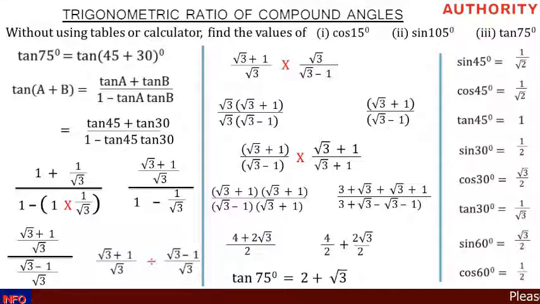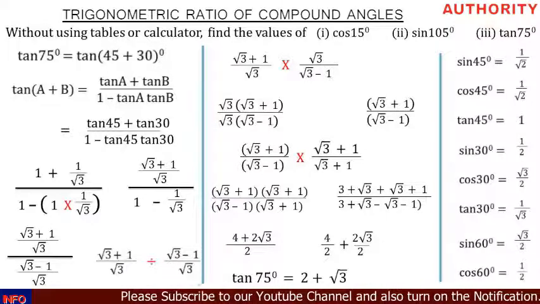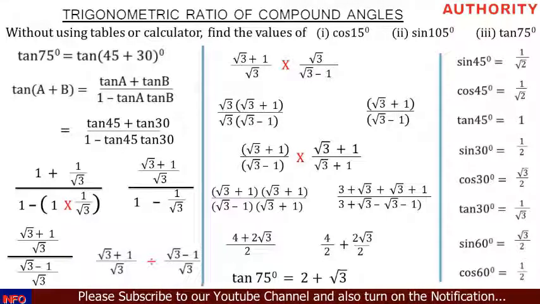So therefore, we have 2 plus root 3. We can see clearly here that tan 75 degrees is equal to 2 plus root 3.